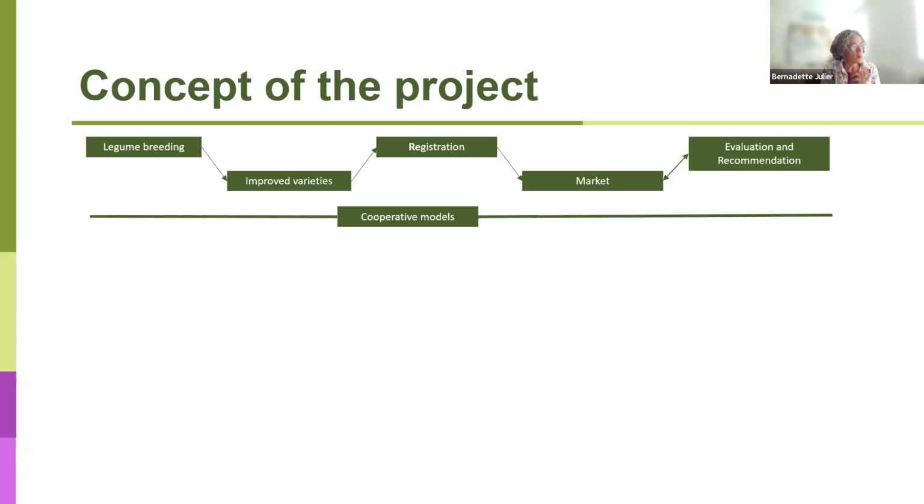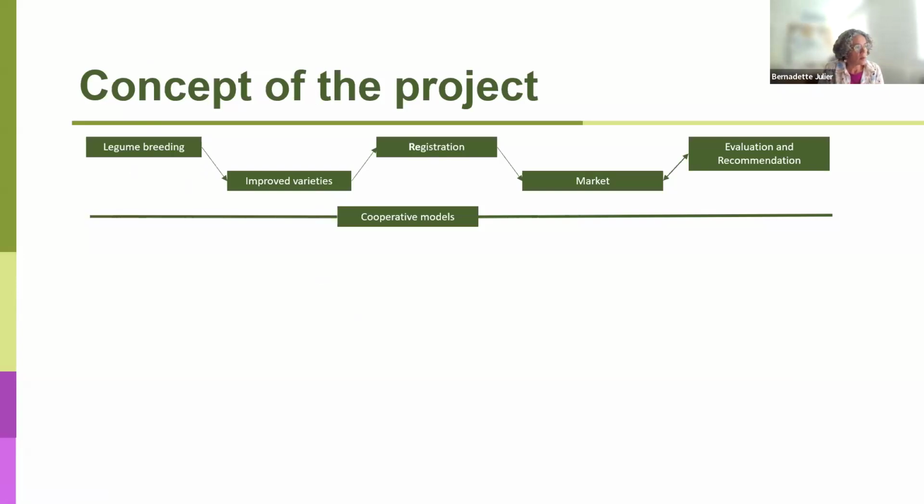What is the concept of the project? It starts with different steps going from legume breeding to the use of these varieties by the farmers. We start from legume breeding in breeding companies or public institutes that release improved varieties, and these varieties go through the registration process.